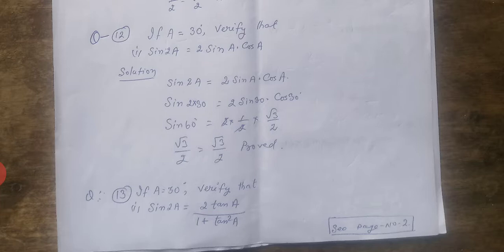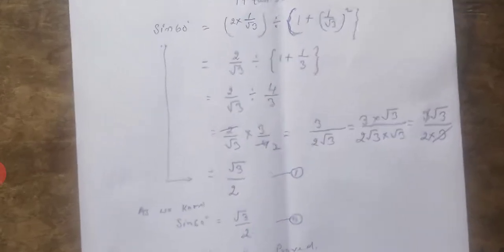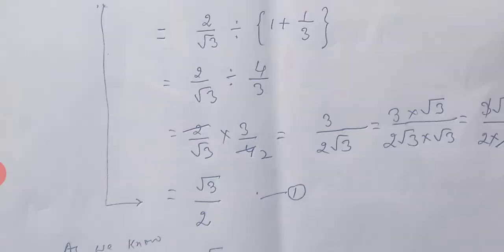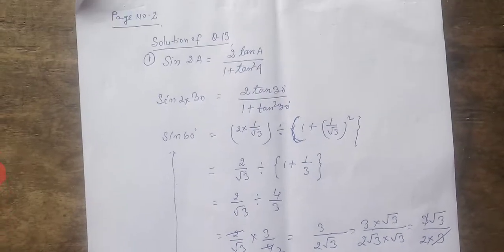Now question number 13. If A is equal to 30 degree, verify that sin 2A is equal to 2 tan A divided by 1 plus tan square A. See page number 2. Solution of question number 13. See again.